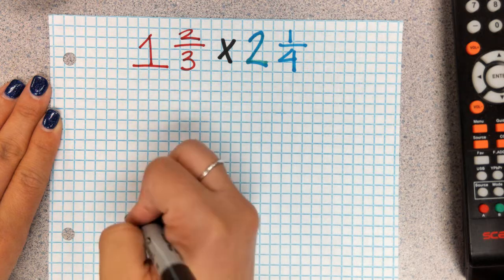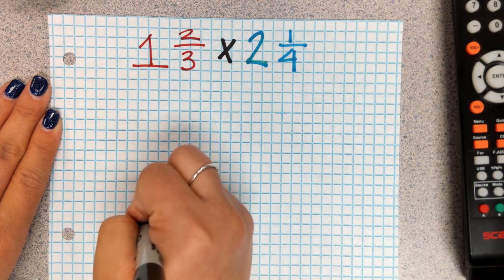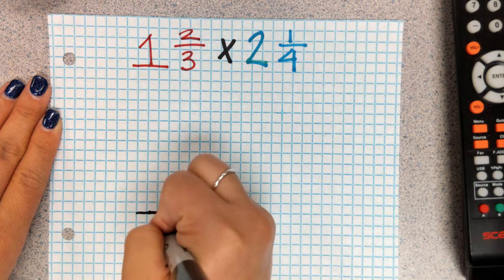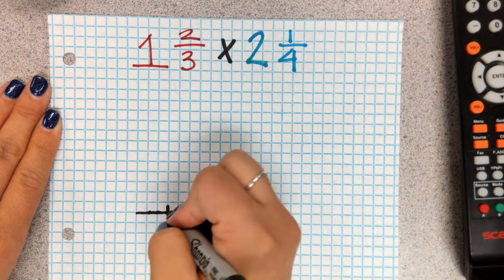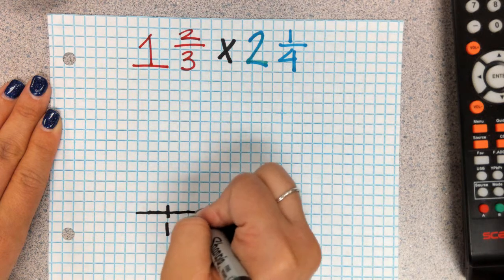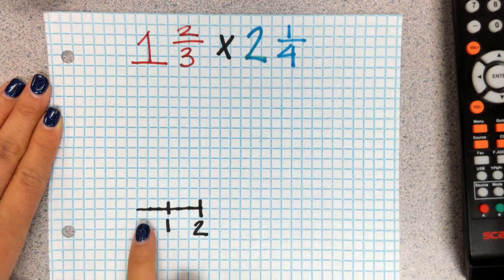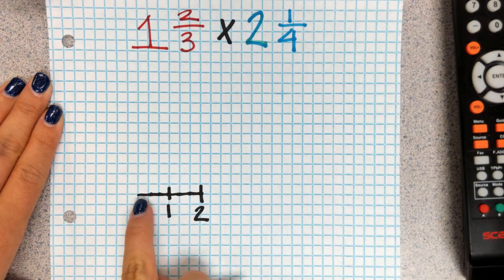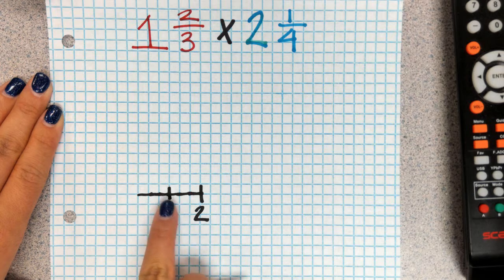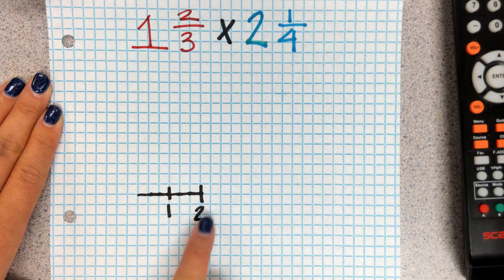So I'm going to have 1 2 3, that would be one whole. 1 2 3, that would be another whole. So now I have 2 wholes in thirds.